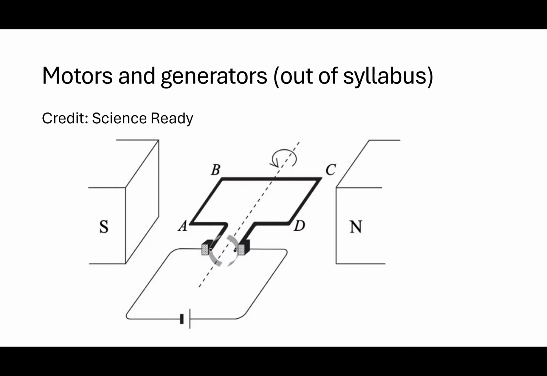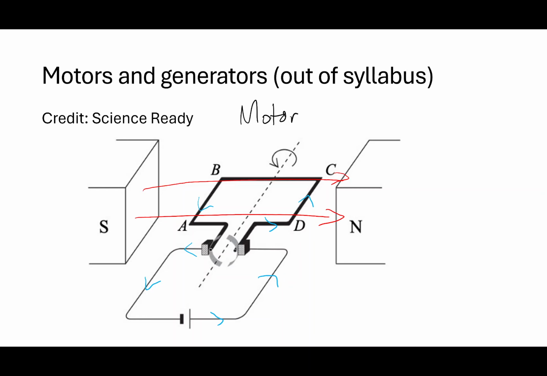Motors and generators look like this. And for a motor, there'll be magnetic fields going this way. And let's say there's a current going this way, so current is going through the coil like that.